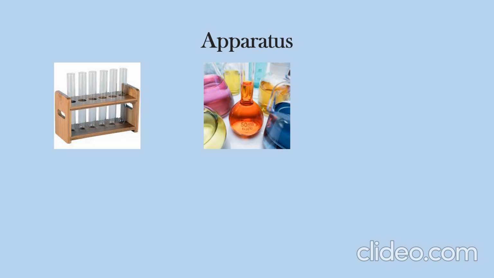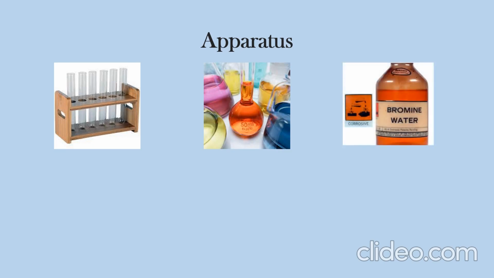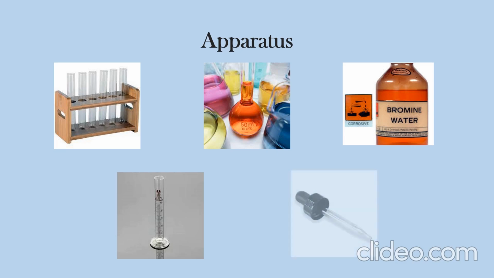Next are the different samples we need. Next is bromine water, the main ingredient. Next is the measuring cylinder. It is optional; we can just add the sample by our choice, or we can measure it.